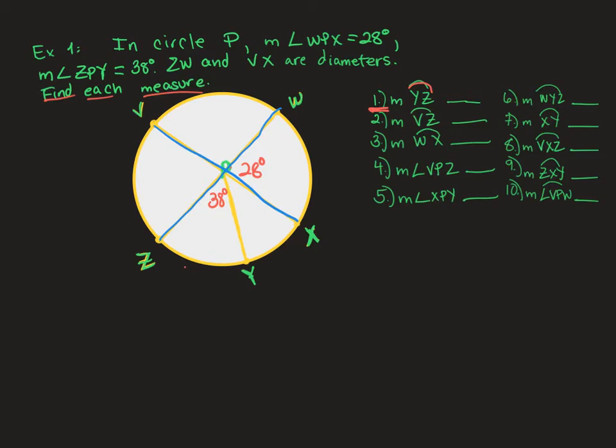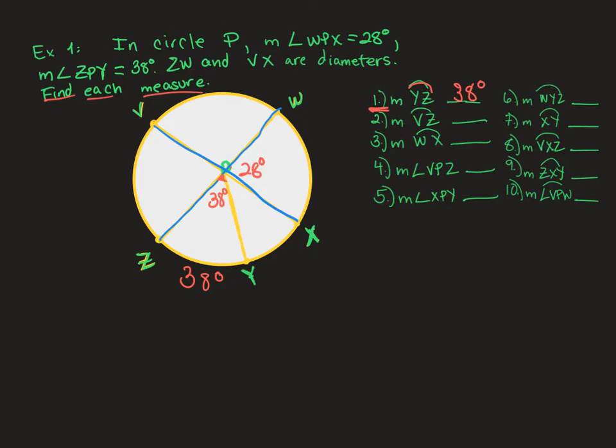When you're doing central angles, the measure of arc YZ is going to be the same as your angle here. So 38 degrees, by the theorem of central angles. So that we found out. It's 38 degrees, so we can fill that in.